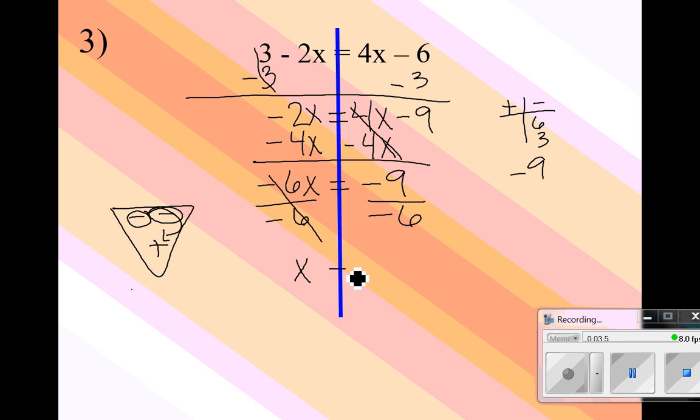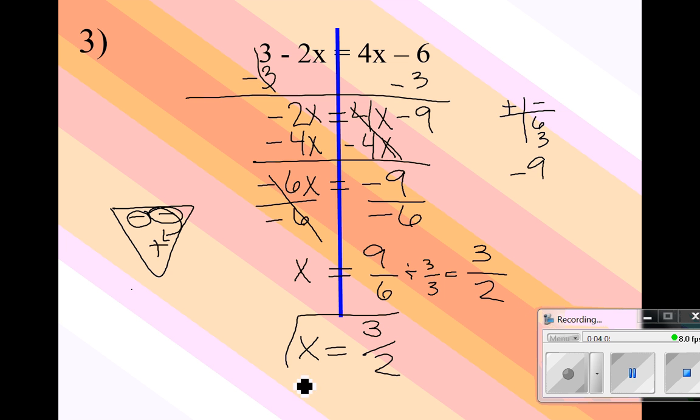So we have x equals positive 9 over 6. Then you always have to simplify. 3 goes into both of these. 9 divided by 3 is 3. 6 divided by 3 is 2. So x equals 3 over 2.